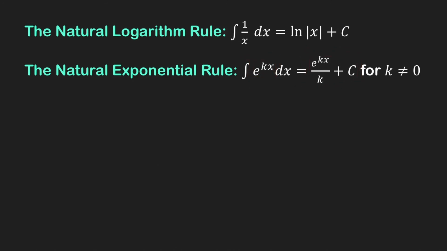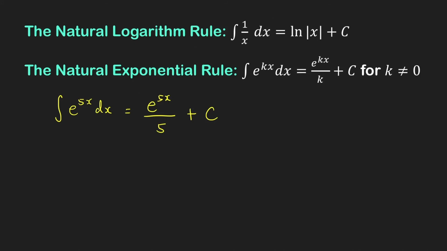So for example, let's say we want to evaluate the integral of e raised to 5x dx. Then this is just equal to, copy the integrand, which is e to the 5x, and divide it by the value of k, but the value of k here is 5, and then plus c.